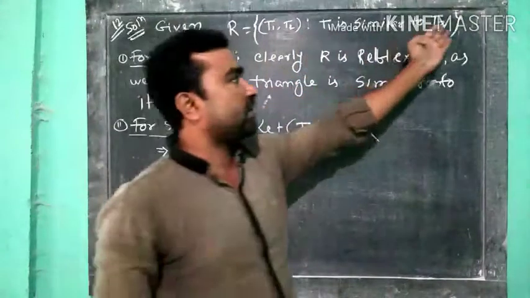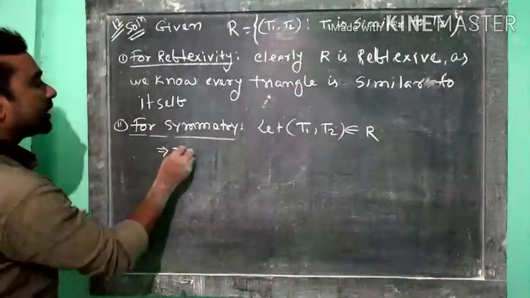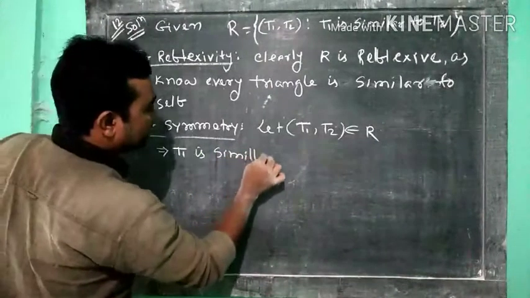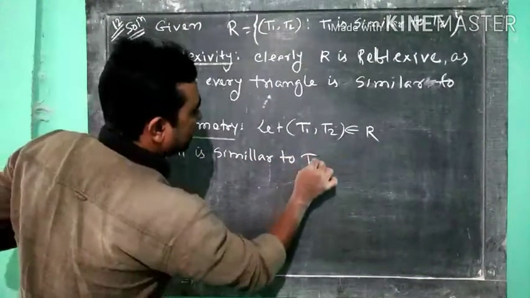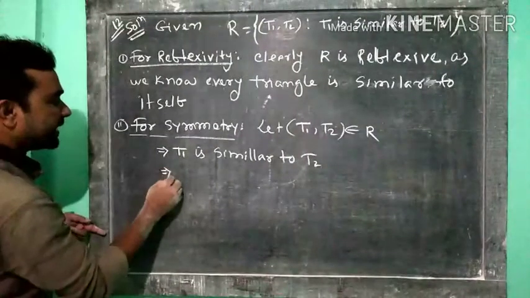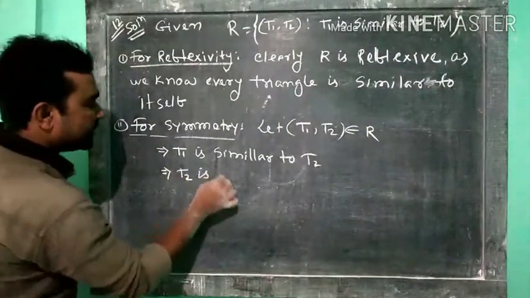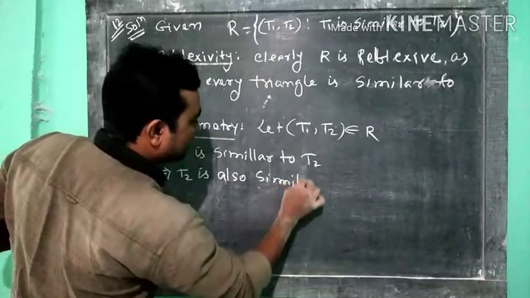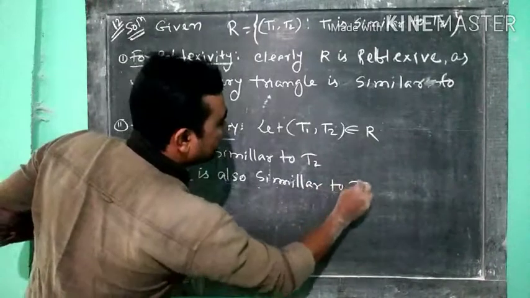That T1 is similar to T2. So we can write here T1 is similar to T2. If T1 is similar to T2, then we can say that T2 is also similar to T1.